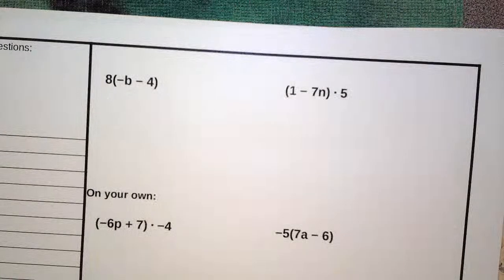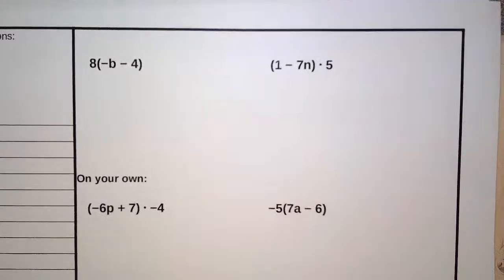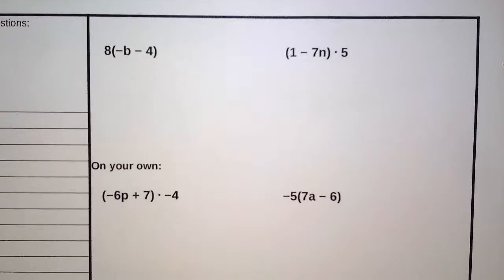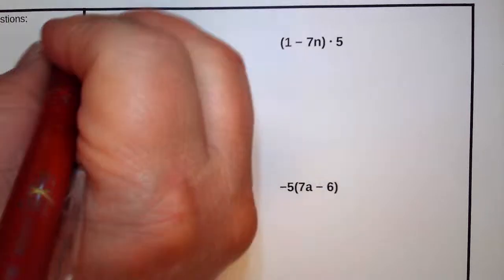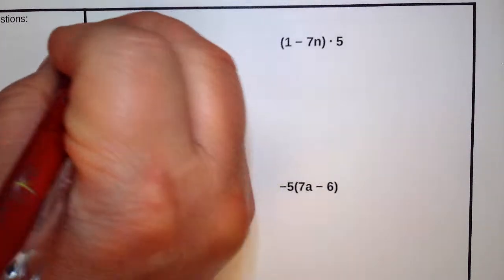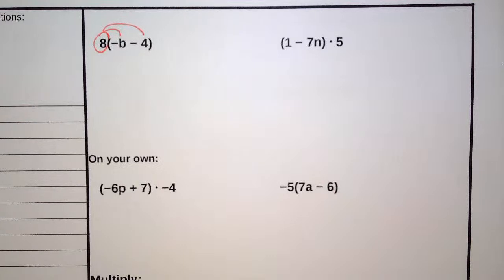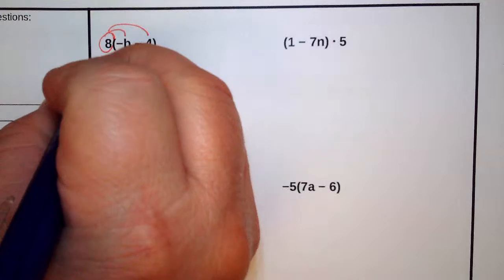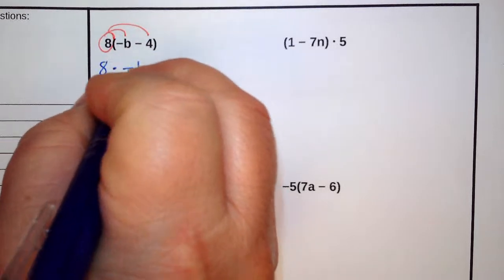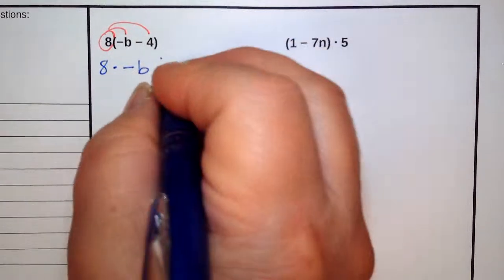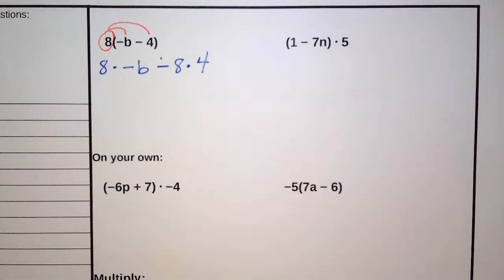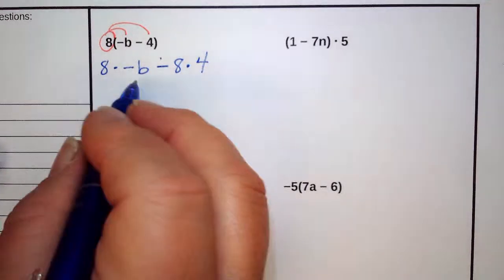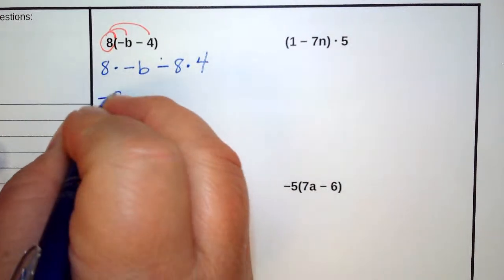Okay, for the next two, once again, we're still multiplying everything on the inside by what's on the outside. Eight times negative b minus 8 times 4. 8 times negative b is negative 8b.